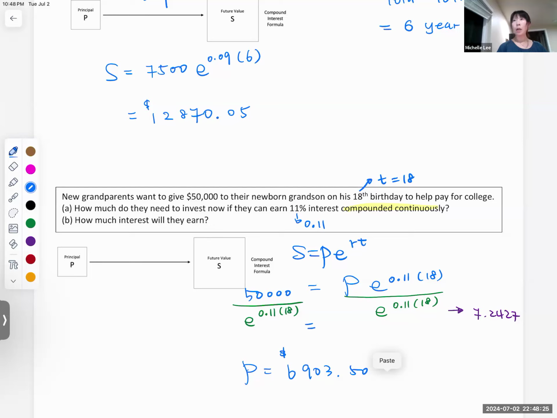Okay, second part. How much interest will they earn?